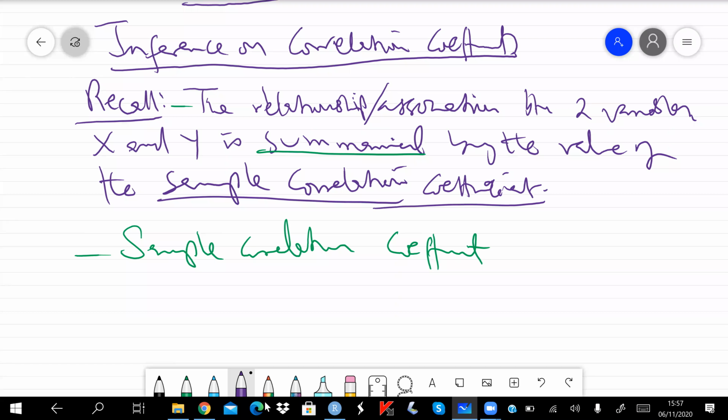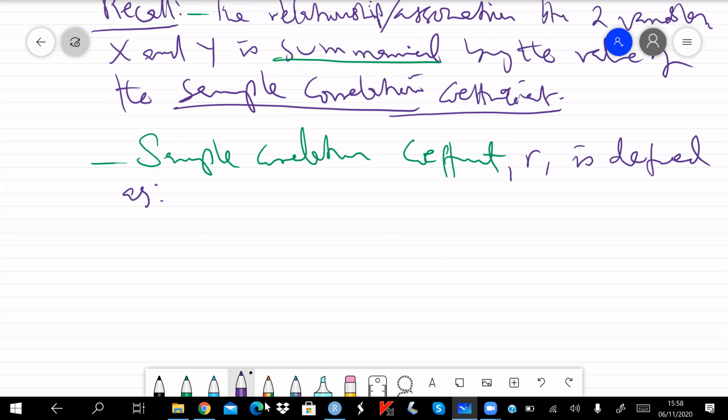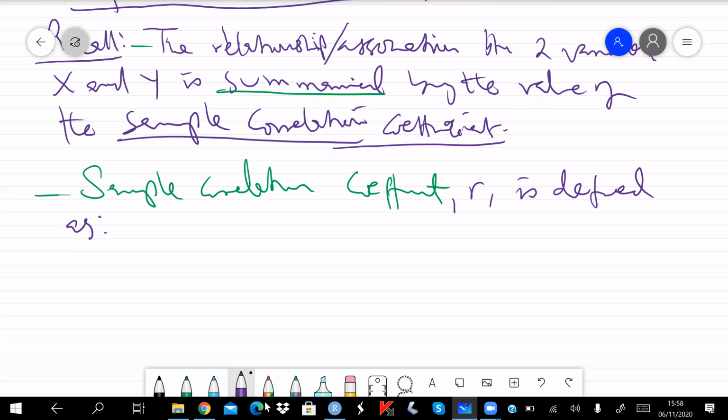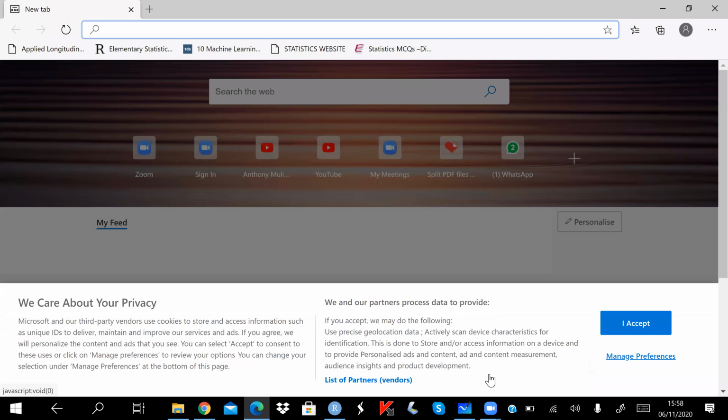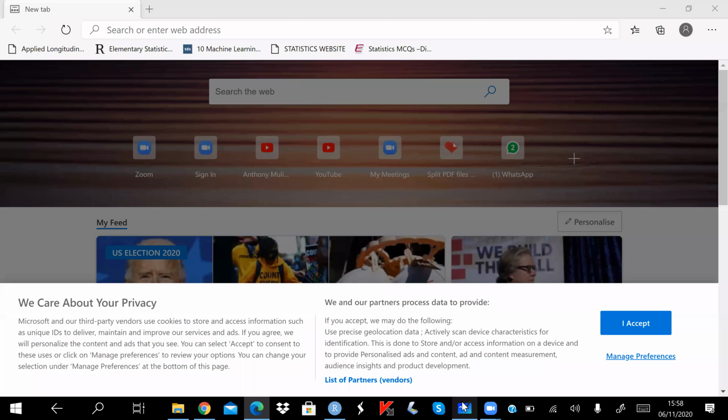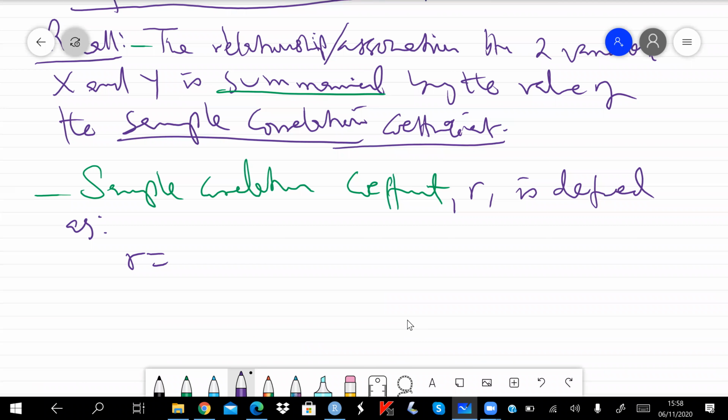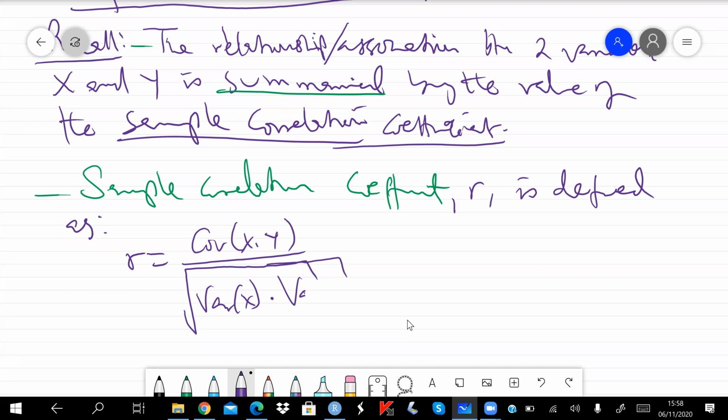It's a summary value. The sample correlation coefficient, denoted by R, is defined as follows. R is equal to the covariance of x and y divided by the square root of the variance of x multiplied by the variance of y.